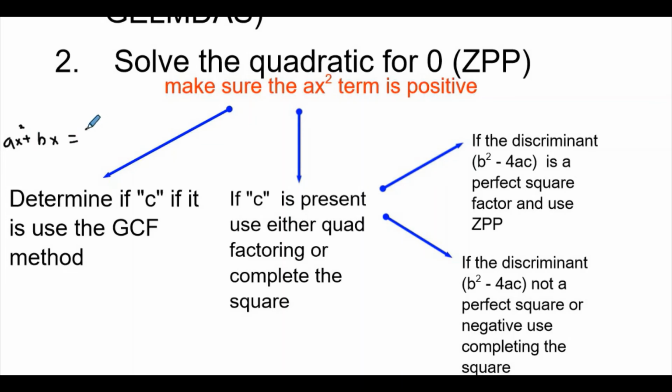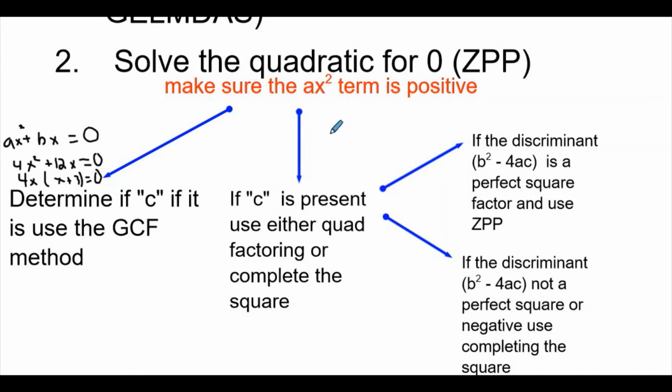So an example of that is if I had 4x squared plus 12x equals 0. That's actually one of the problems the students have the most trouble with. You would just take out 4x, and then you'd have x plus 3, and then you would set each of those equal to 0 using the zero product property.